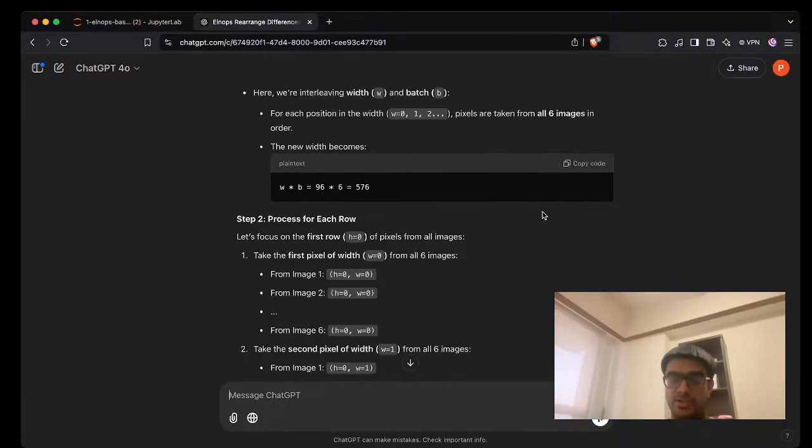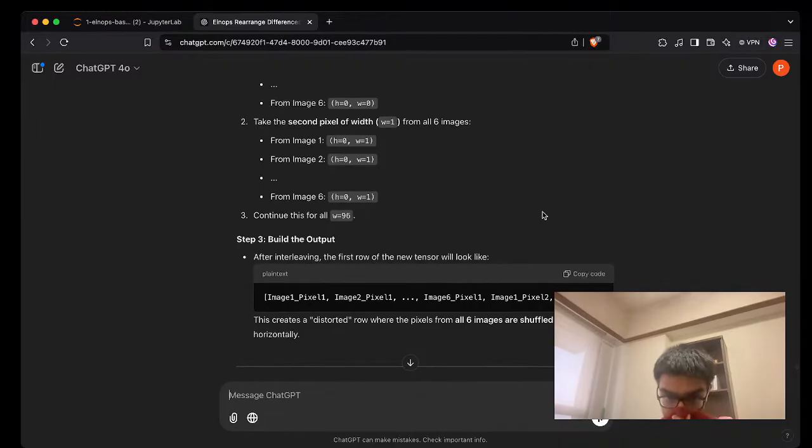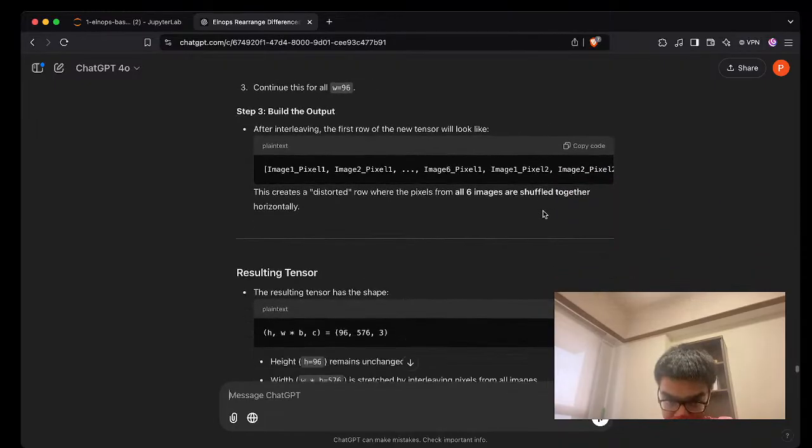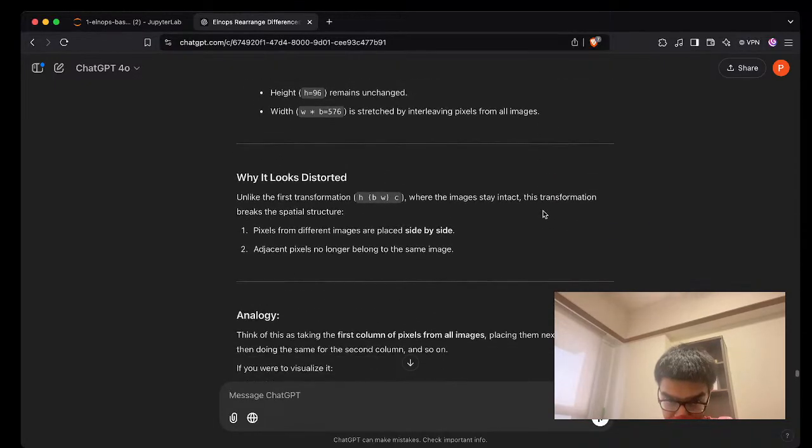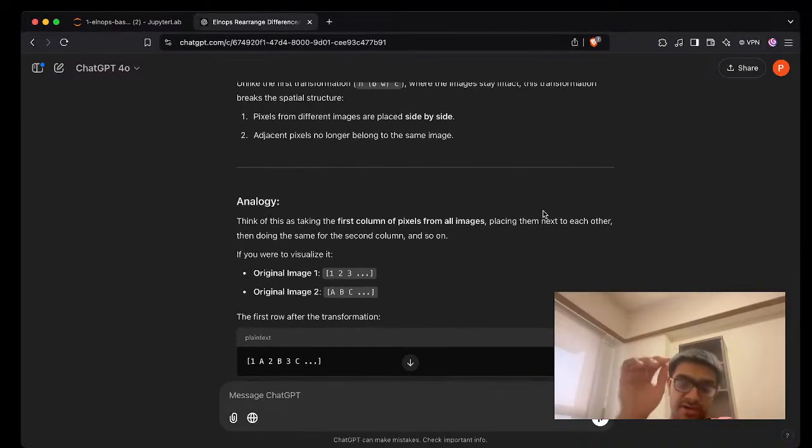I see. So the first row becomes the width of all of them stacked. That makes sense because we're taking all the 96 and stacking it by 1, right? Whereas on the other one, we're taking the first 96, the second 96, the third 96, the fourth 96, and so on. It's the first column of pixels from all images, placed next to each other.